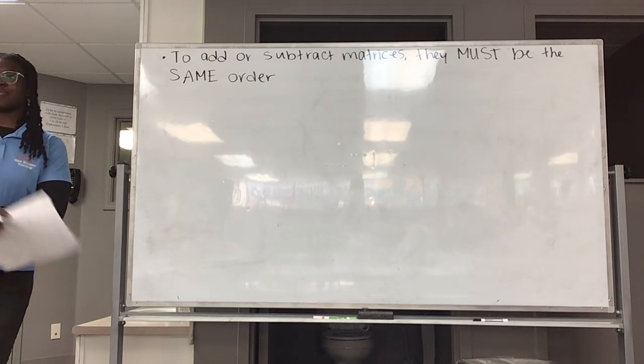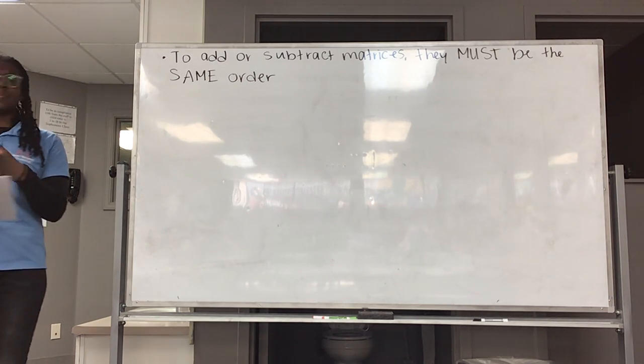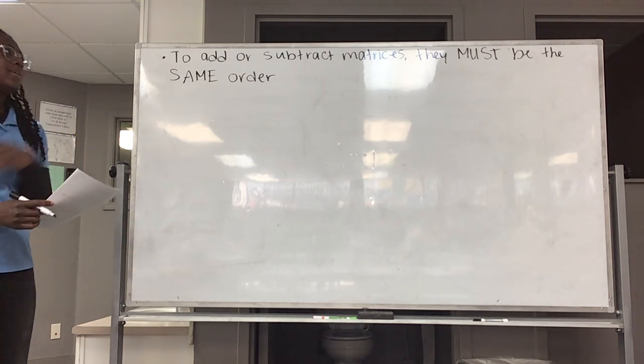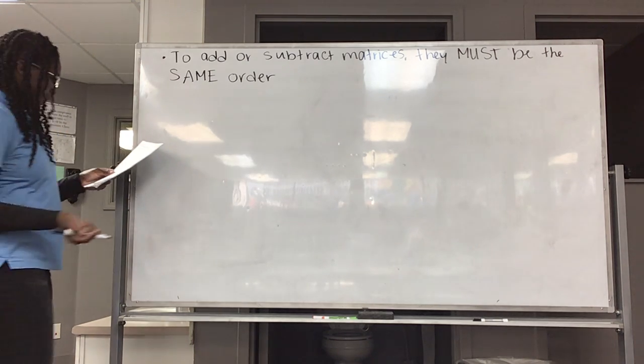And remember we talked about order being the rows by the columns, so they need to be the same. So my first matrix is 2 by 2. The second one also has to be to add or subtract them.